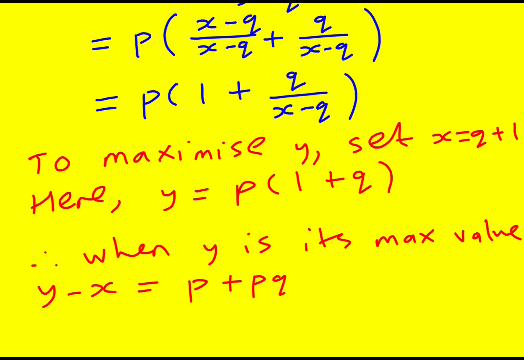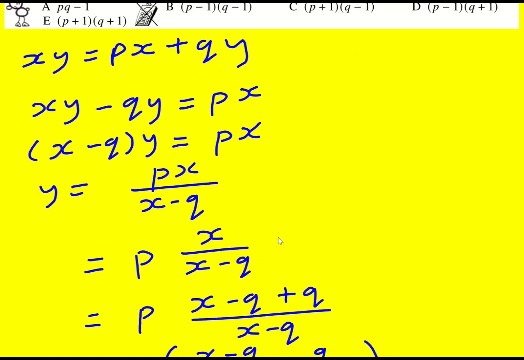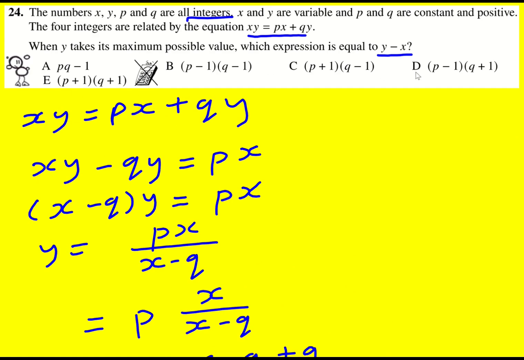I've just expanded this, and then I need to minus my x, so I'm going to minus q plus 1, which is the same as minus q minus 1. And that's going to be my answer, except all these are factorized. Okay, except that one, which is clearly not.